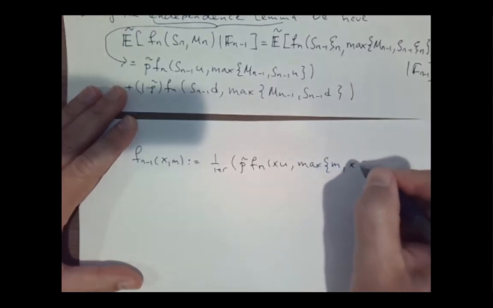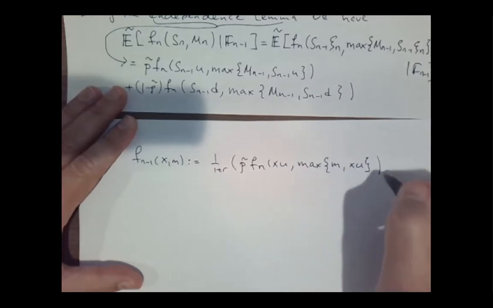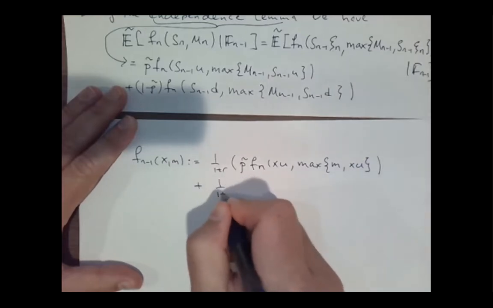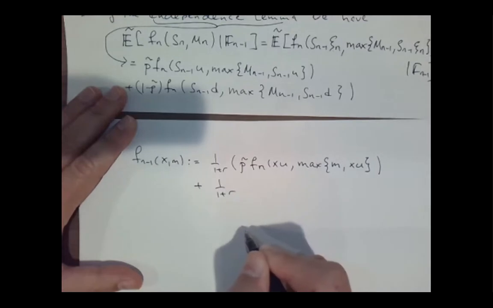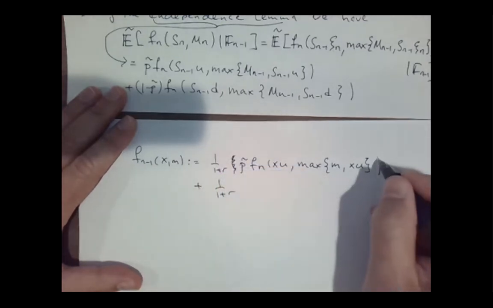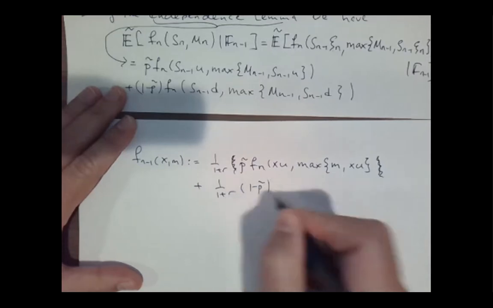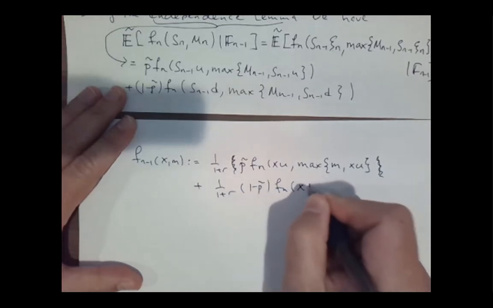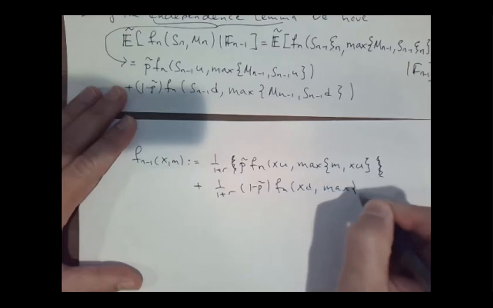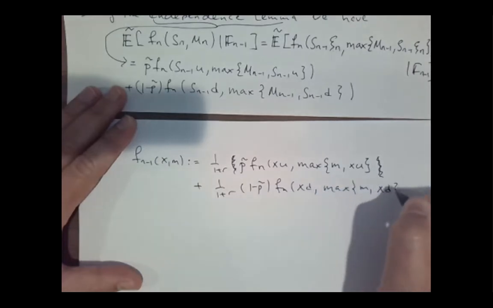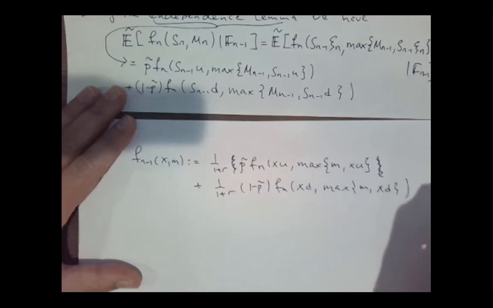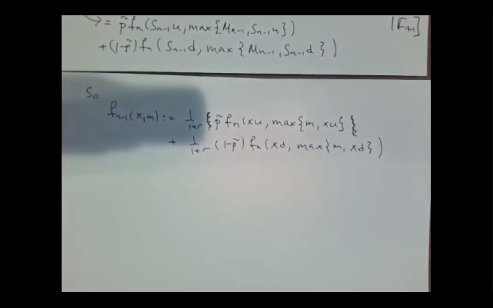So P tilde times Fn of xu, max of m and xu, plus 1 over 1 plus r times 1 minus P tilde times Fn of xd, max of m and xd. So that's the previous one.